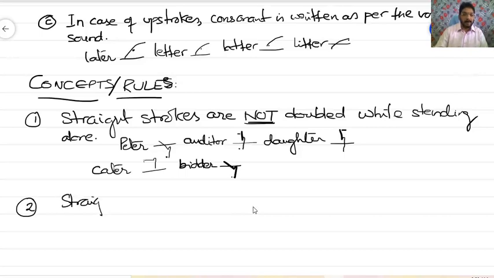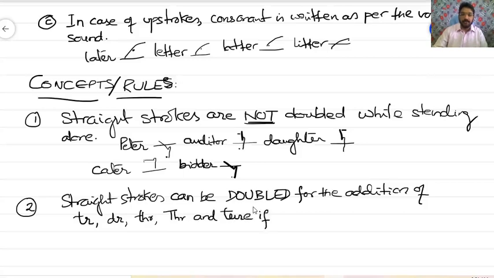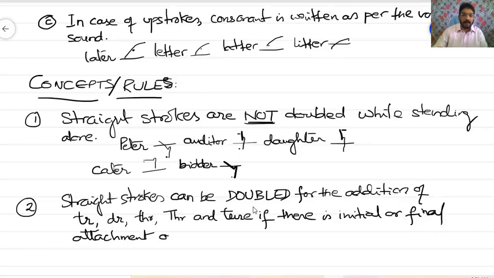Straight strokes can be doubled for the addition of ter, der, thar, dhar and ture if there is initial or final attachment or joined diphthong.